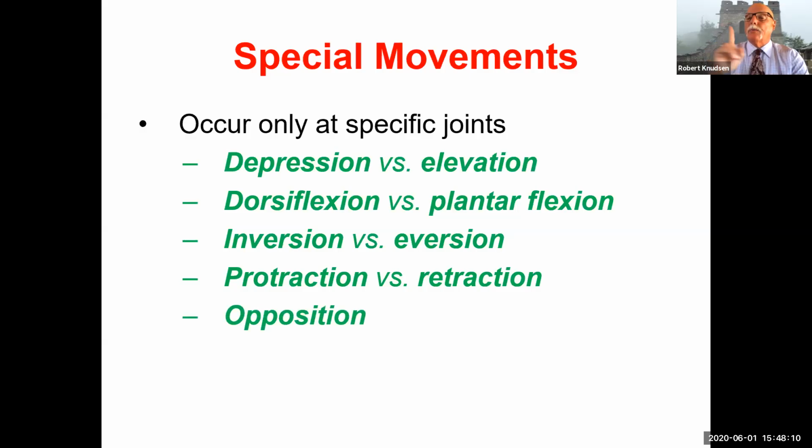Opposition, only one place in the body. That's why these are special. The reason you are listening to me right now is because of two things evolutionarily. One is the brain, and two is the thumb. We had an opposable thumb. That means we can manipulate things. What the opposable thumb was for is so we could get out of dodge.